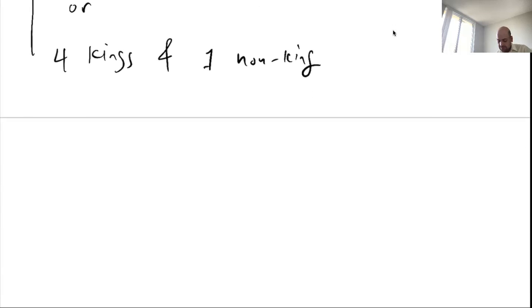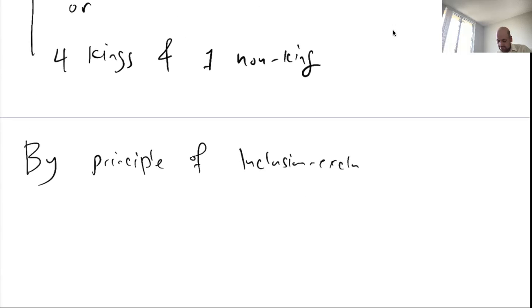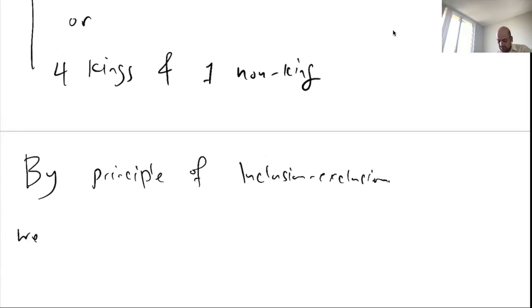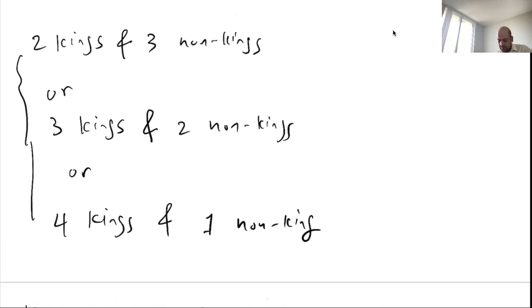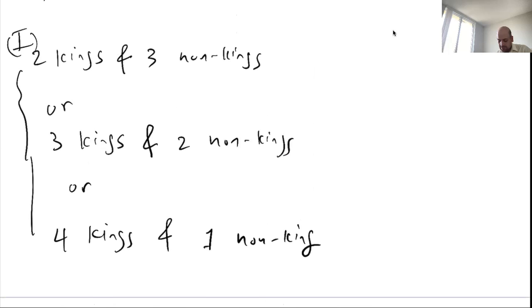So in total, we say by principle of inclusion exclusion, we have to add. So let me call this one 1 and this one 2, this one 3.